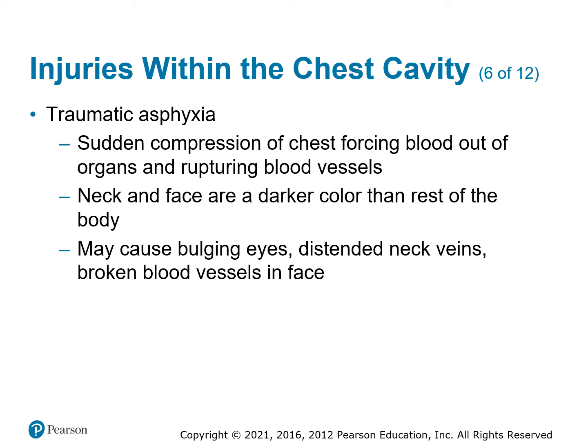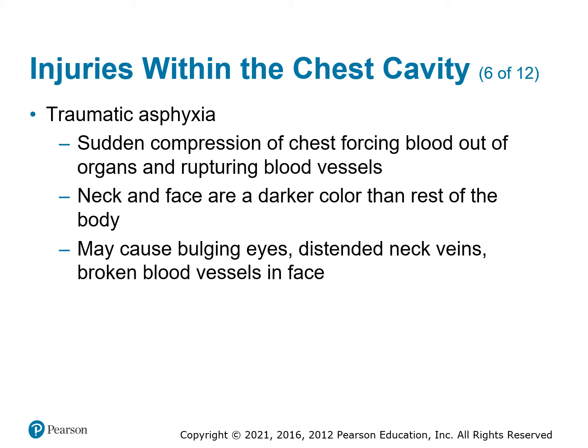Traumatic asphyxia is going to be when there's a sudden compression of the chest, forcing blood out of the organs and rupturing the blood vessels. So it's a very significant compression of the chest area. It's usually going to be lethal for the patient. The neck and the face will usually be darker because they've more or less been bruised, because the arteries and vessels will have ruptured, causing that bruising.